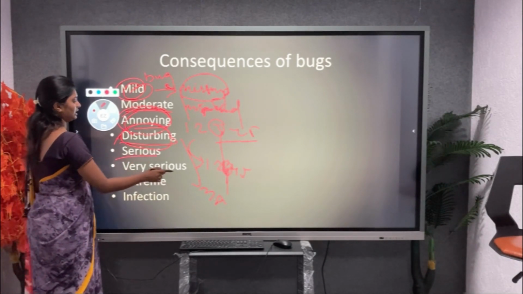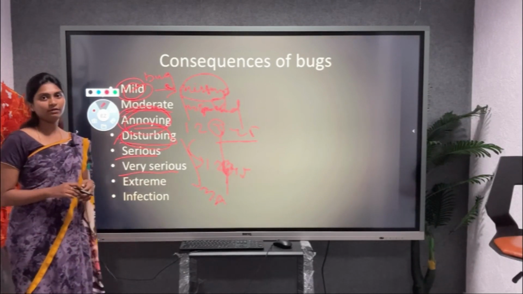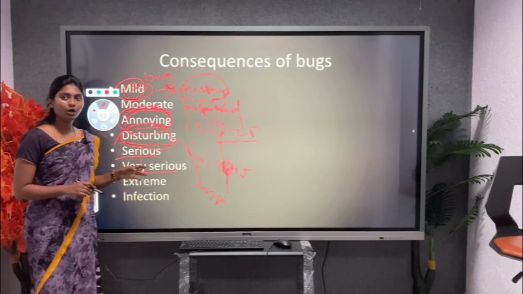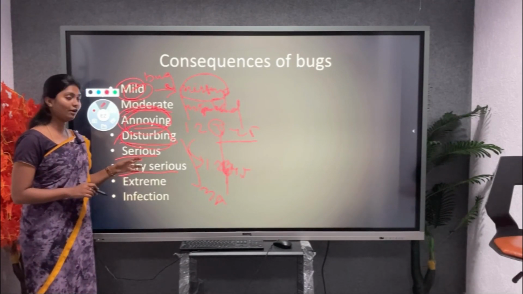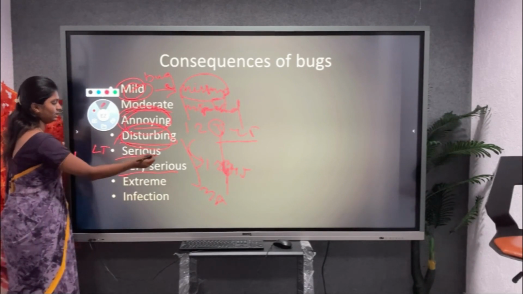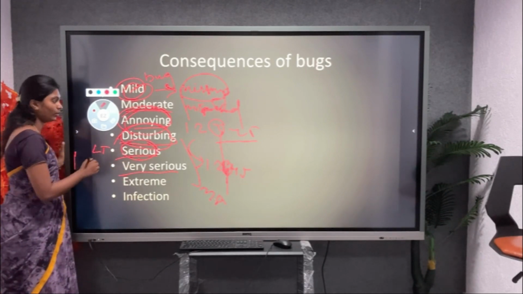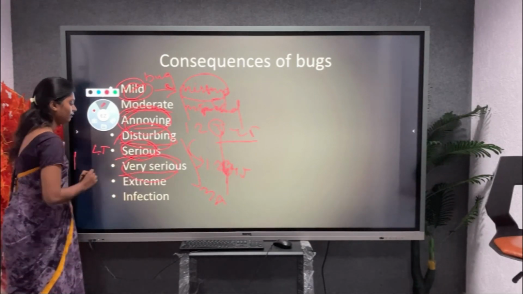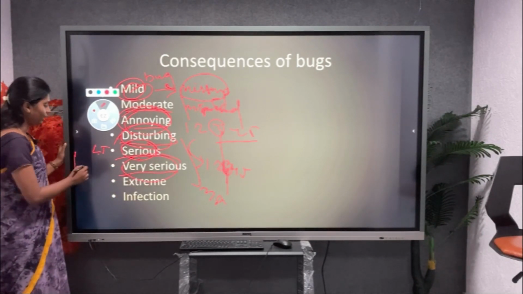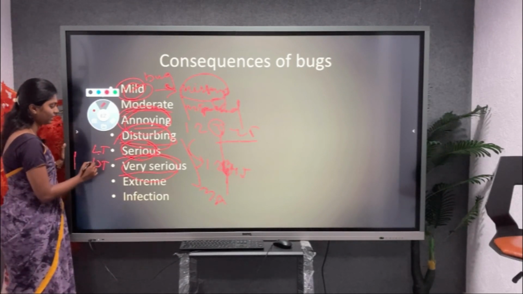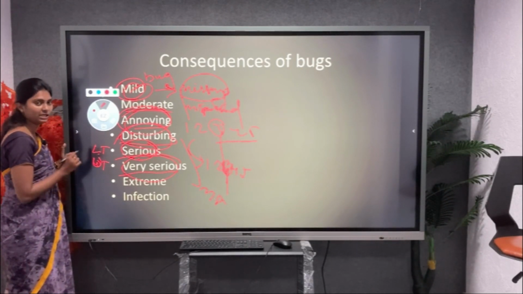Now, what are serious and very serious? Serious means nothing but loss of transactions. In very serious, we define unwanted transactions, worst transactions.